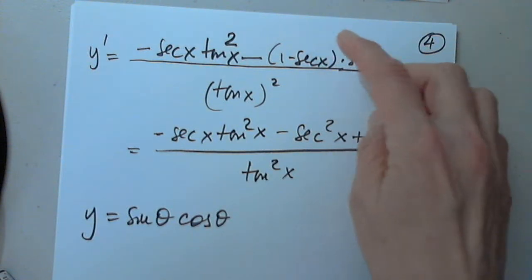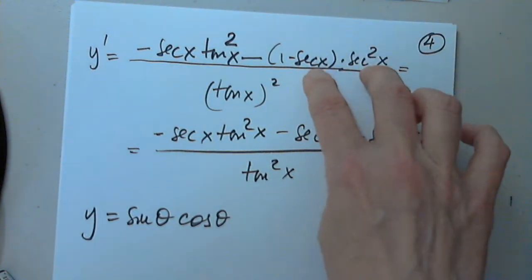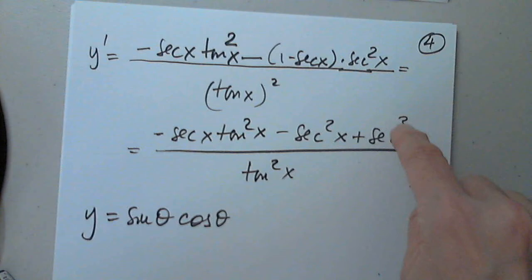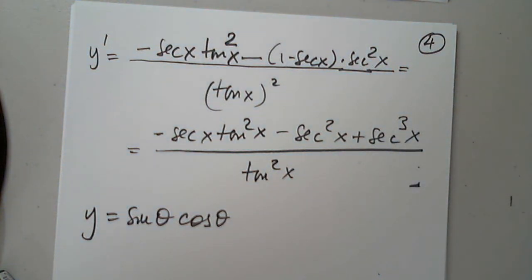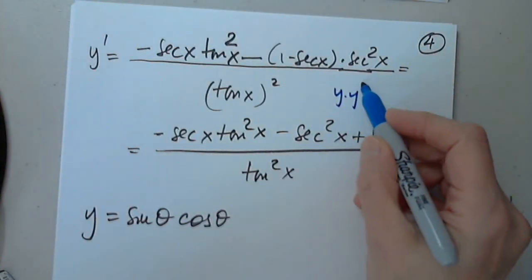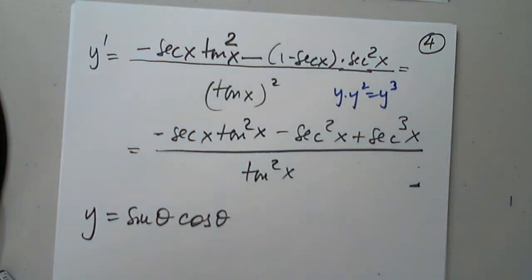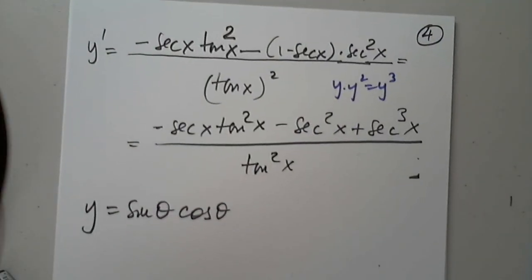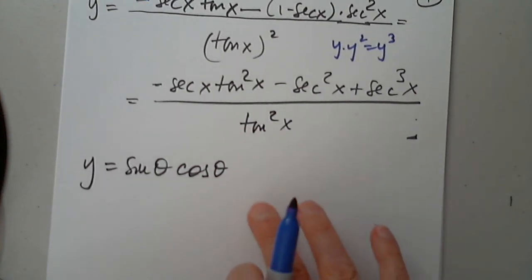Secant to power 1 times secant to power 2, the same base, copy the base, add the exponents. It's similar to y times y squared, which is y to the third. Was that the question, or I misunderstood? Yeah, I was just confirming. That's okay. Perfect.